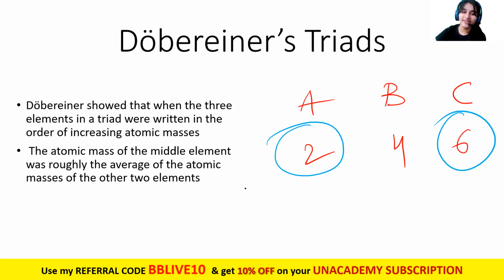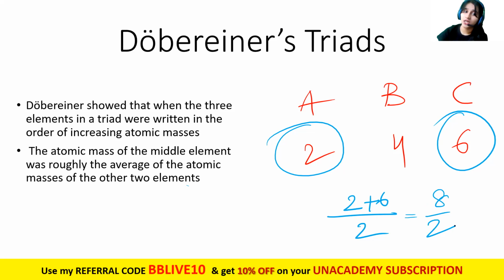So when I say 2 plus 6, how many numbers? 2. So that goes by 2 plus 6, divide by 2. We add first and then divide. So it is going to be what? 8 by 2?